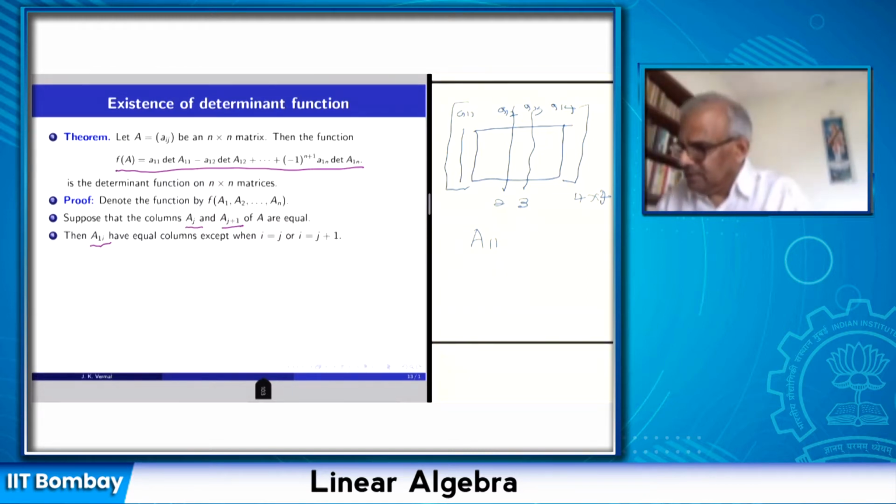Then this matrix is a 3 by 3 matrix, and the original matrix has second and third columns equal. So the second and third columns of this are also equal. So the determinant of A11 is 0.